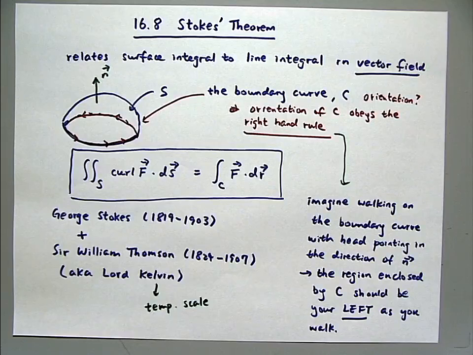Remember, this dS can be written as the normal vector times dS, or big S with a vector on top of it. Now you can use the definition of curl and normal and actually work it out, and it'll show you this statement is true. But let's find a physical interpretation as to why this theorem works.